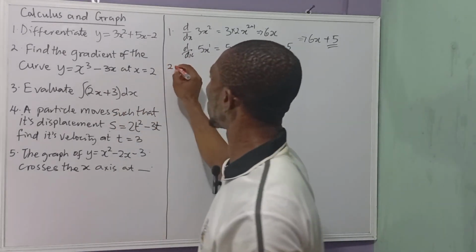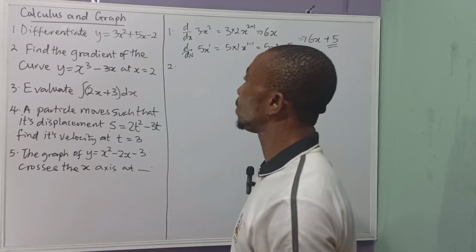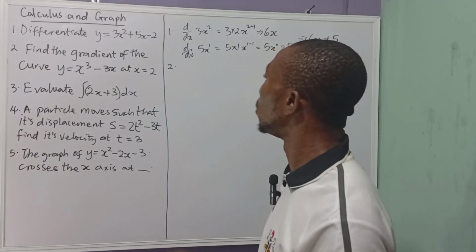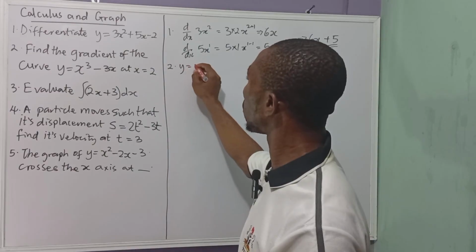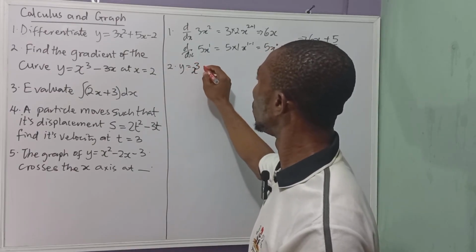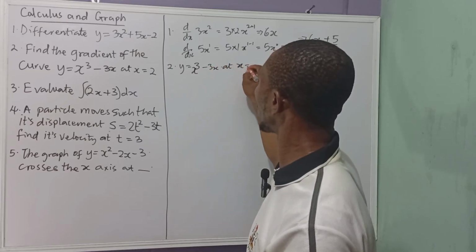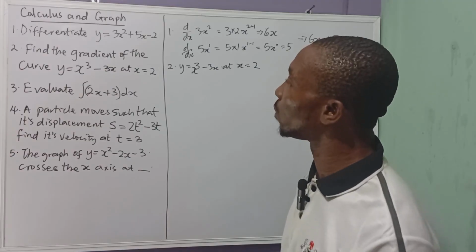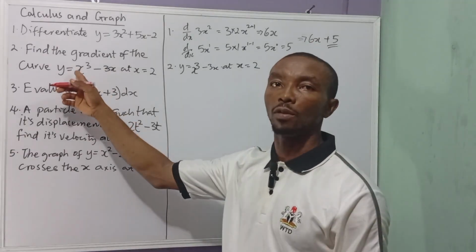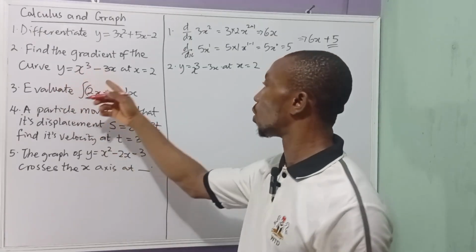Now, our second question says, find the gradient of the curve y equals x cubed minus 3x at x equals 2. For us to find the gradient, we first have to differentiate this curve.